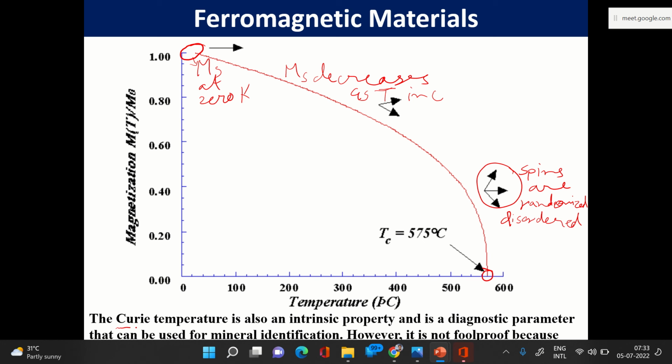That particular temperature is called the Curie temperature. The Curie temperature is an intrinsic property, and it is also used for identification of minerals.